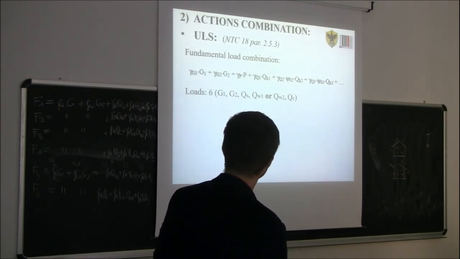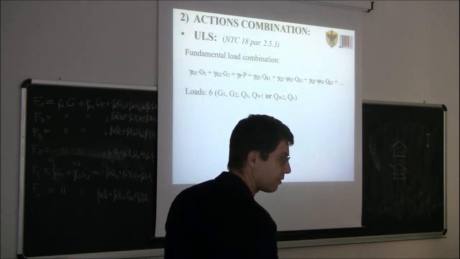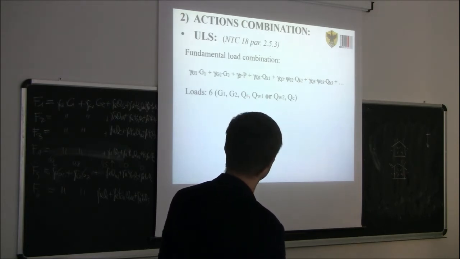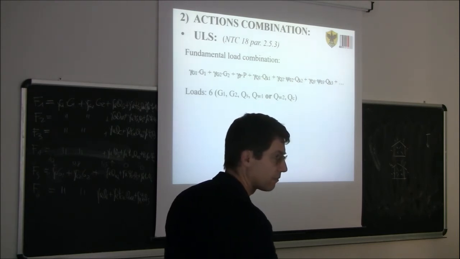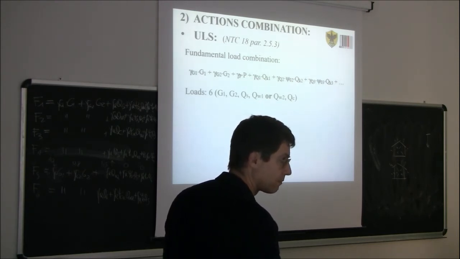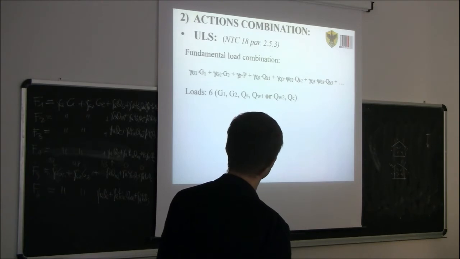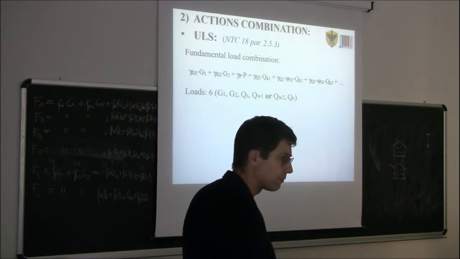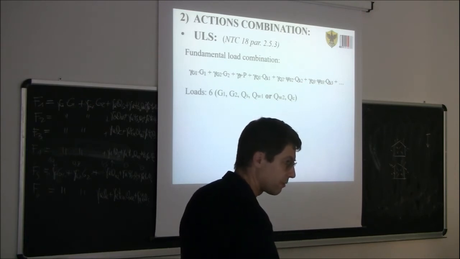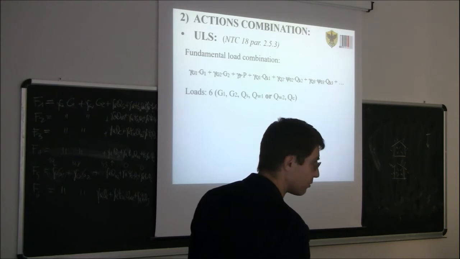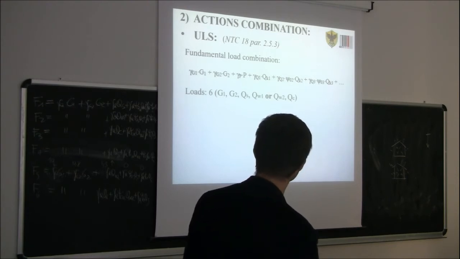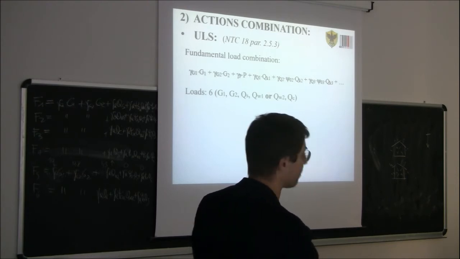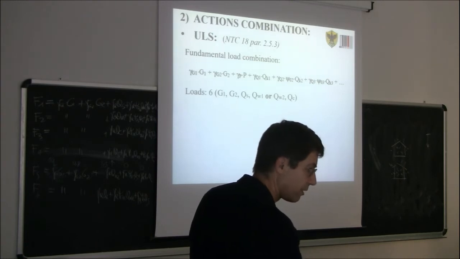You have G1, G2, then, for example, QS as the basic value with 1.5, and then QW1, and that's it. Then another one, G1, G2, now I put QW1 as a basic value and QS as a combination value. Finished? No, because I also have QW2. So I need another one, G1, G2, QS as a basic value and QW2 as a combination value.